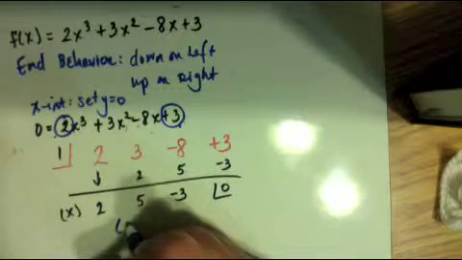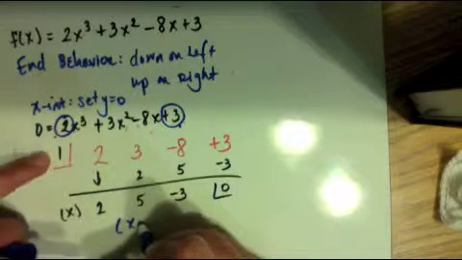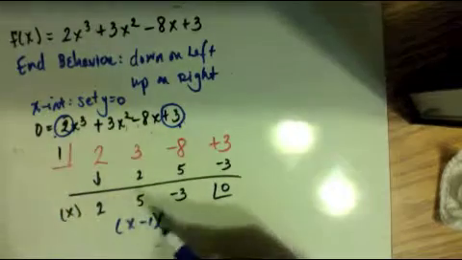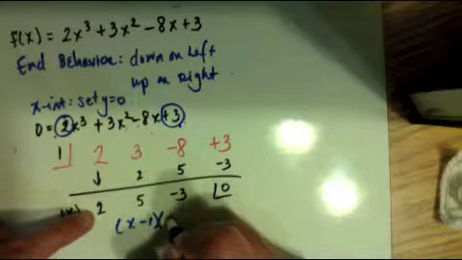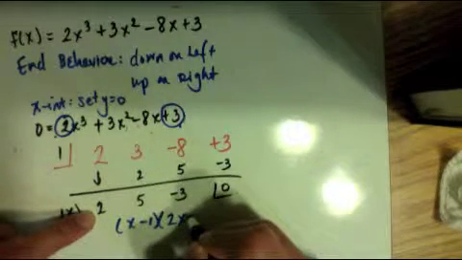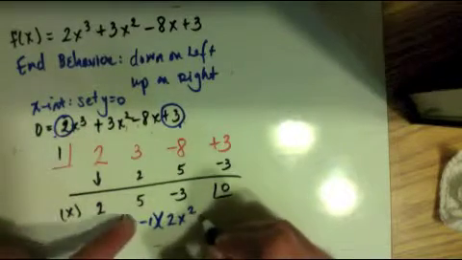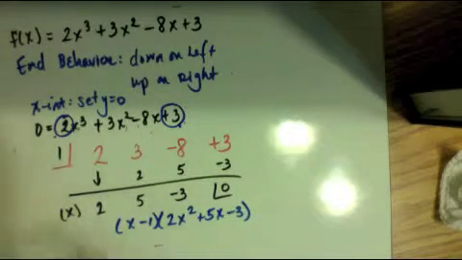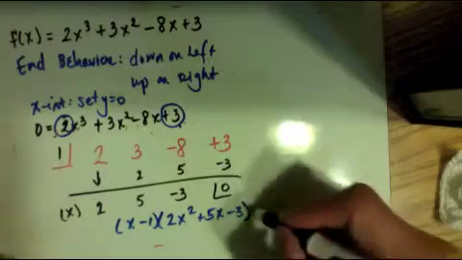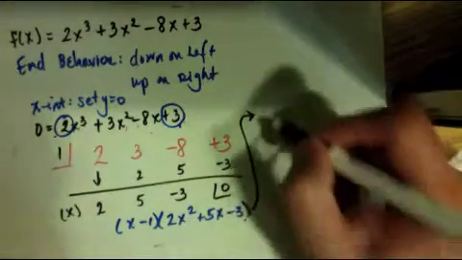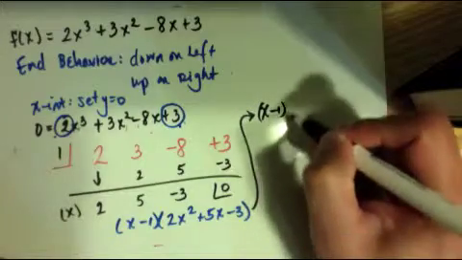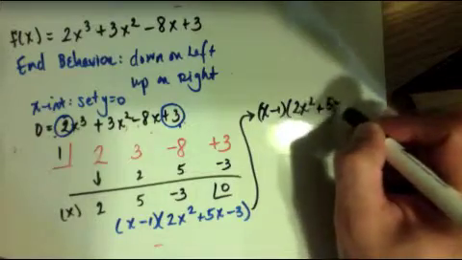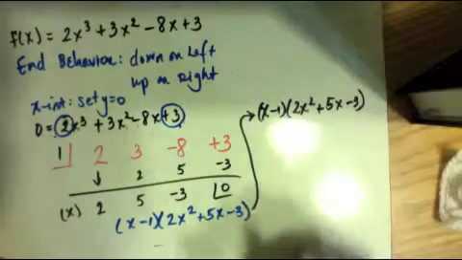So now I can rewrite my polynomial. This is going to be x minus 1, not x plus 1. It's the zero product property, so it's the opposite. And then we write the remaining polynomial, which is 2x squared, one degree less, plus 5x minus 3. Now we can factor that some more: x minus 1 times 2x squared plus 5x minus 3.